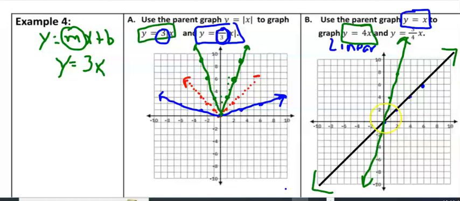So from here I'm going to go up 1, 2, 3, up 1, 2, 3, and over 1, 2, 3, 4. I'm going to do it in red. Everybody see where I'm getting the slope of 3/4? Go up 3 over 4. Up 1, 2, 3, and over 1, 2, 3, 4. It's kind of hard to multiply all those y values by 3/4 because you're going to get a decimal, aren't you? Correct? So I just do the slope.